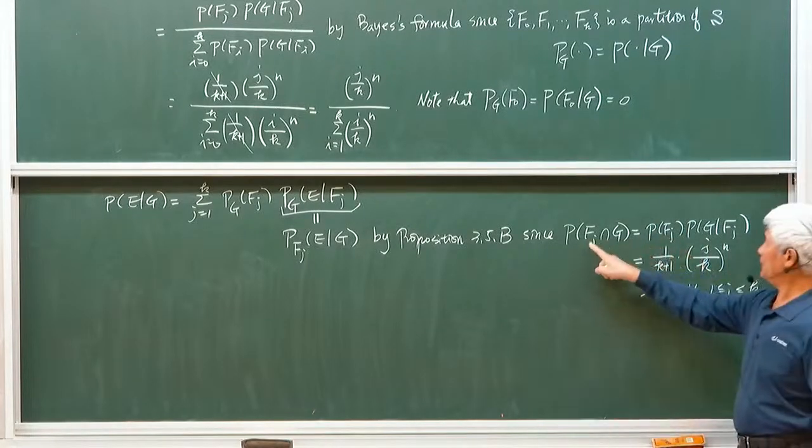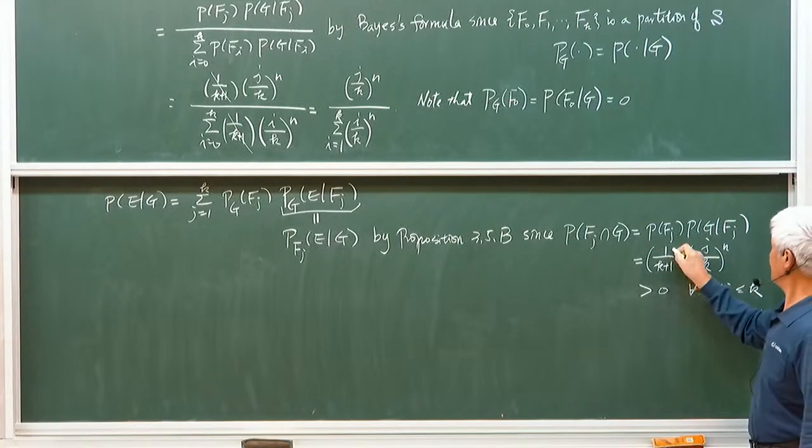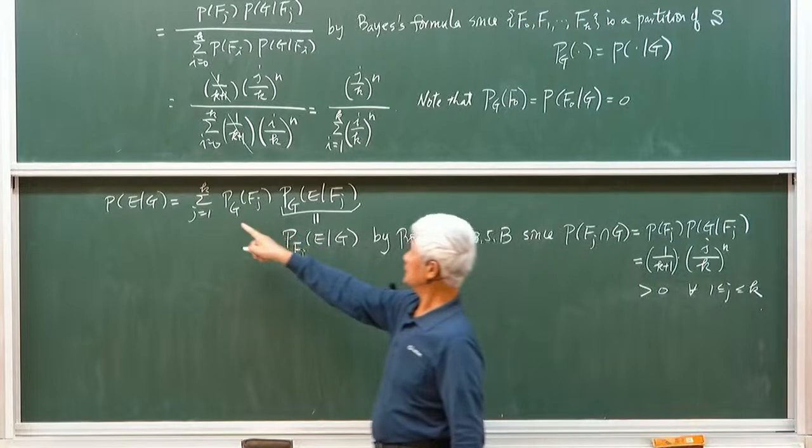So the joint probability, when we compute them, is positive for all j from 1 to k.